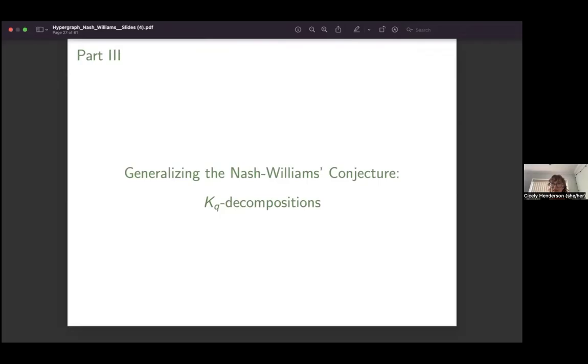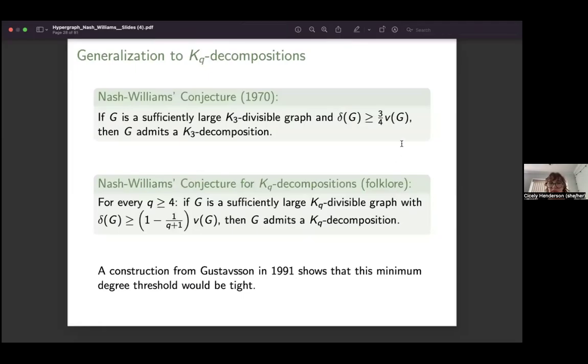Okay. Given all that, it's time to talk about how we generalize the Nash-Williams conjecture, first to KQ decompositions. Recall, here's the Nash-Williams conjecture at the top, and here's a folklore generalization of it for KQ decompositions.